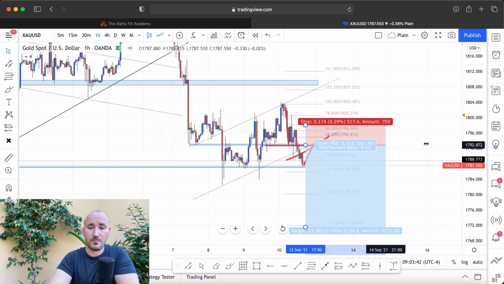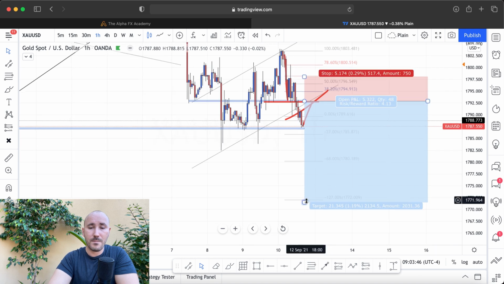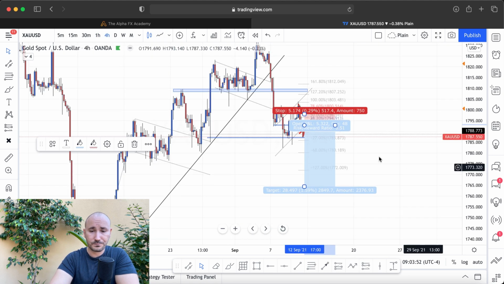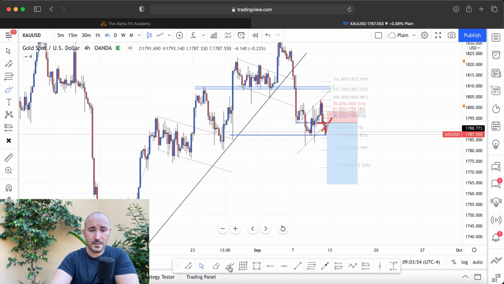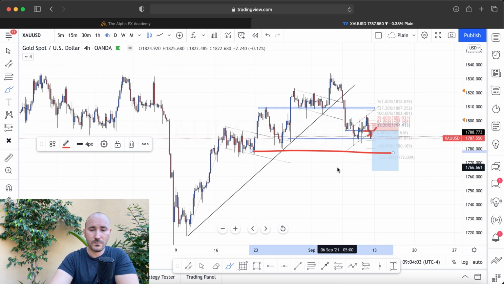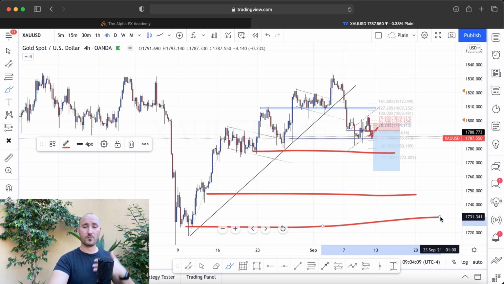Now, I know it's a bit big, but if you look at the bigger picture, you can see that there is a massive opportunity to sell all the way to even 1700, because if you look on the chart, we have many support levels. We have another support level at 1778, and then also because we had the flash crash, we have multiple take profit levels, multiple support levels, multiple resistance levels.